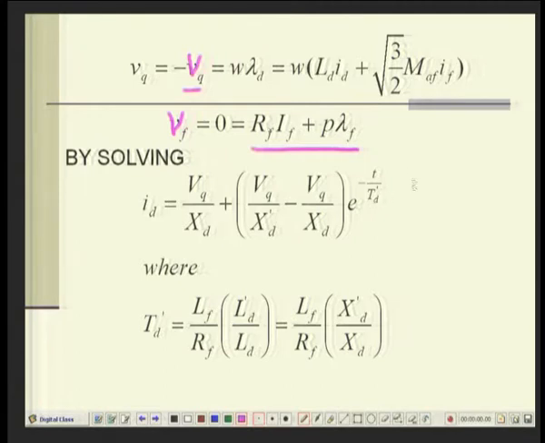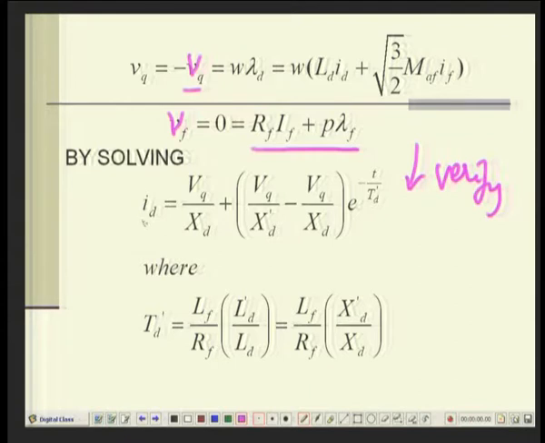Again you have to please solve this. I have taken the liberty of this. It is nothing, just like you did for the subtransient, the same procedure you have to follow.